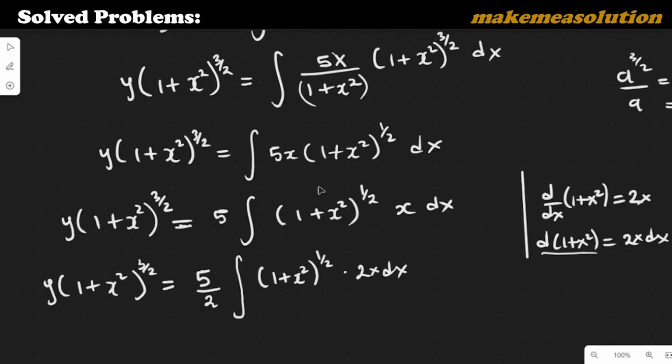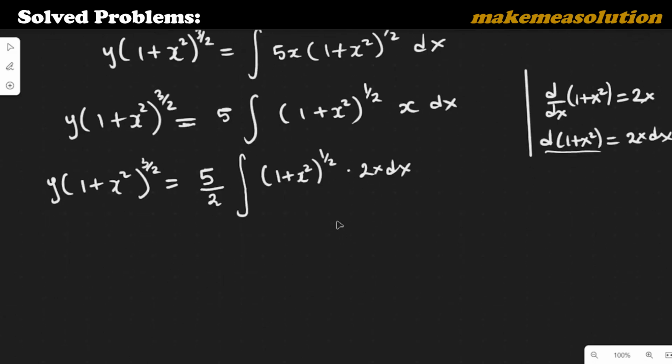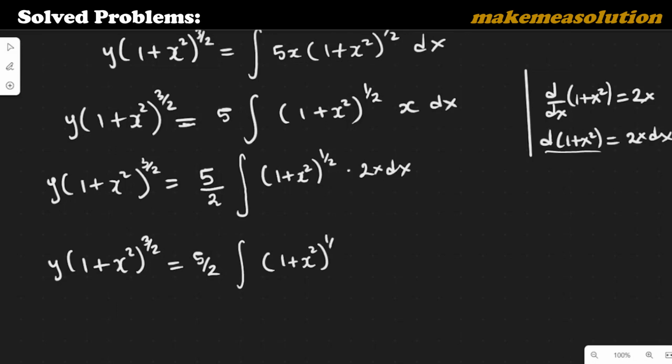So since I have introduced it in this particular form, what you just need to do is replace the 2x dx with d of 1 plus x squared.